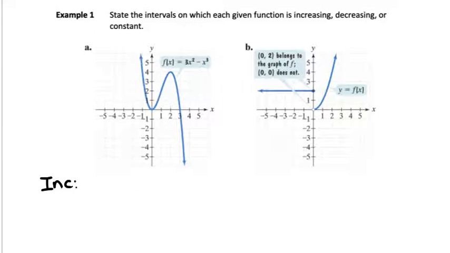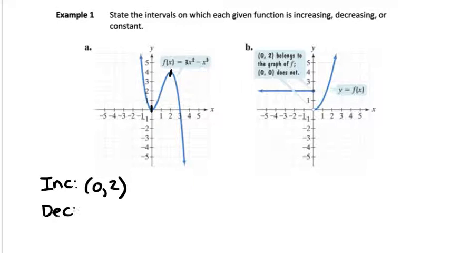So when I look at this, I see it's decreasing as we go down to 0, and then at 0 it turns around. And now the graph is increasing here up to 2, and then it starts decreasing again. So it's increasing between x equals 0 and x equals 2. And we always use open intervals, so that would be (0, 2) with parentheses around it.